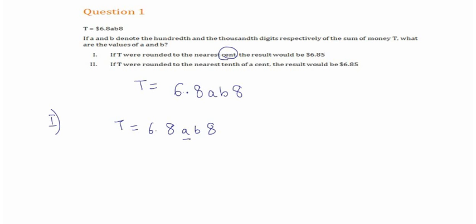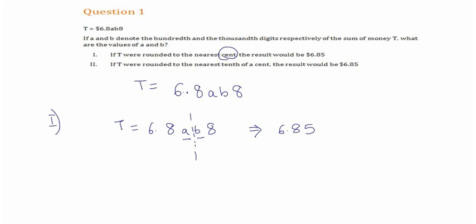This is the cent, the hundredths position. The result would be 6.85. This means that we need to figure out what are the various values that A and B can take.